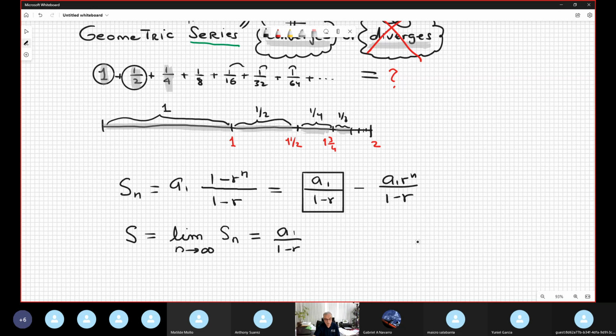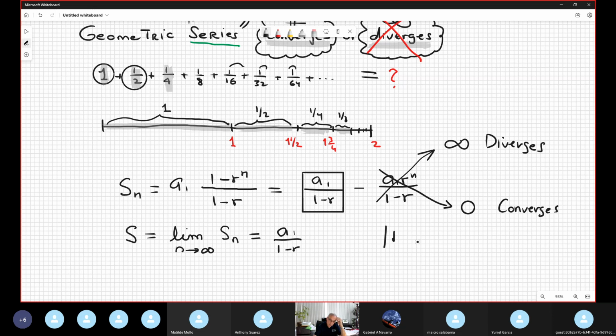But this part, no. This part, you have two possibilities. Either go to infinity, que es a divergent series, or go to 0, que es convergent. And that depends on the common ratio.